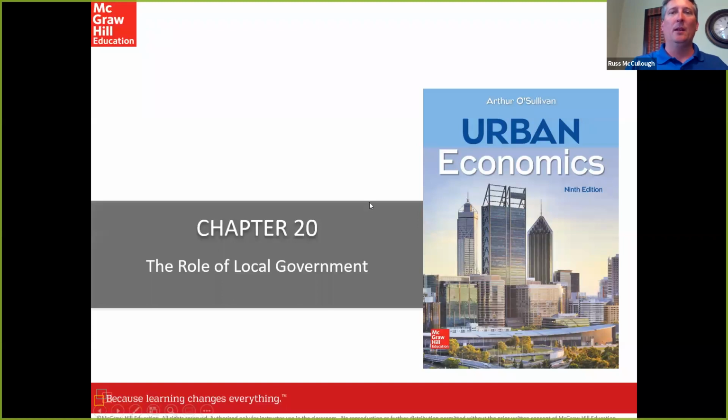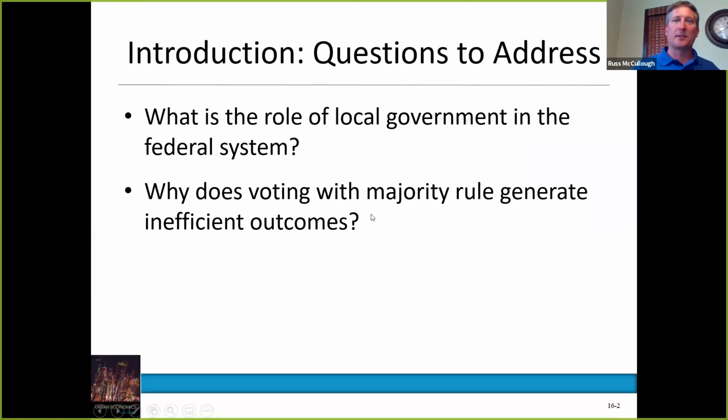Okay, local government. So we've talked about this before on the idea of federalism, where we have a limited federal government and we push things down to the local levels.